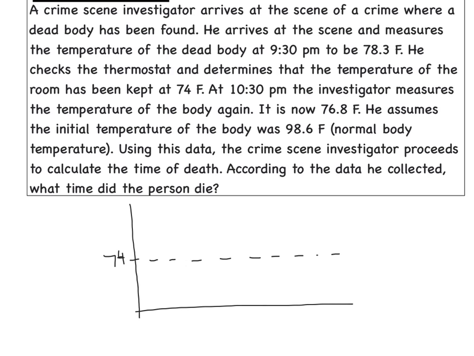Now, the body was originally 98.6, okay? And then if t equals 0 represents when the person died, the body's temperature is going to slowly approach 74 and forever get closer and closer. And see, what you have here is an exponential model, specifically exponential decay, and that's why this topic fits so nicely with what we've been studying lately.